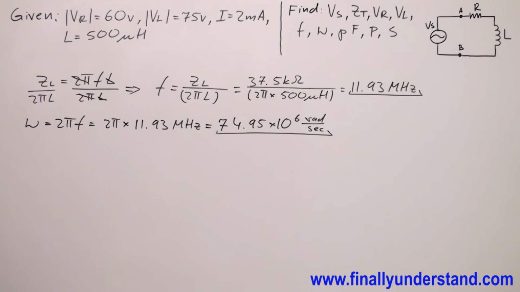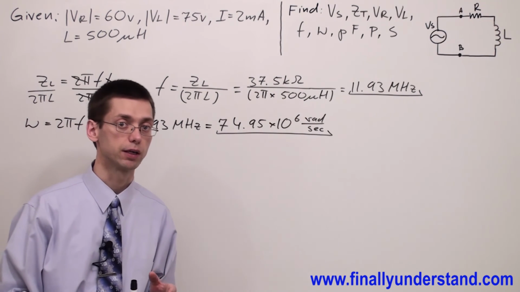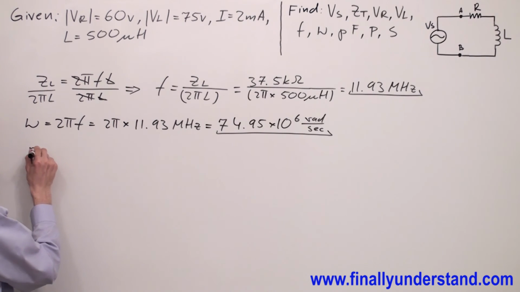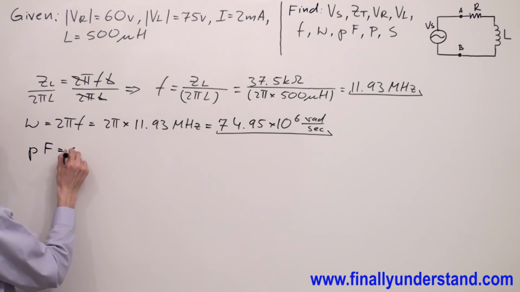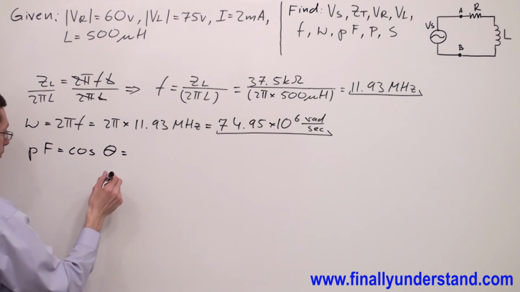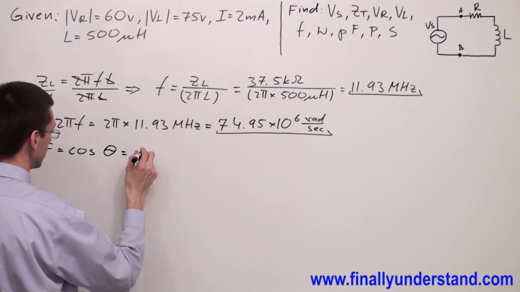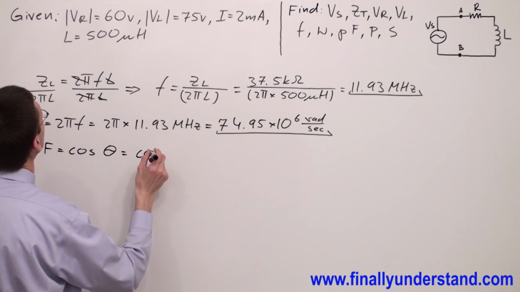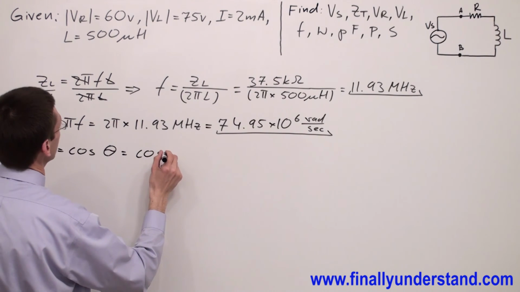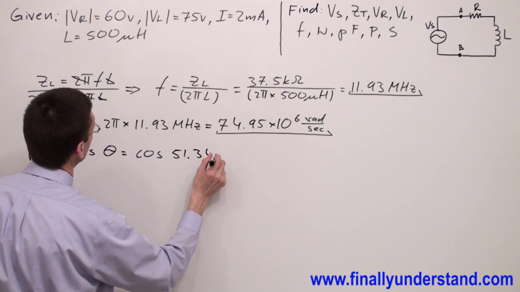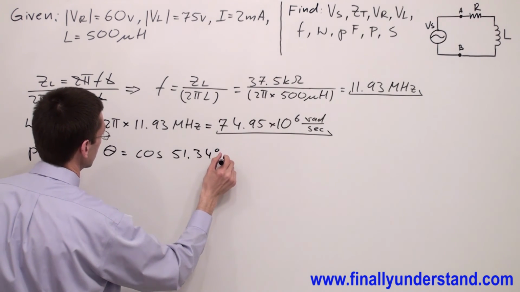Next, I'm supposed to find the power factor. The formula for power factor says power factor is equal to cosine theta. So I have power factor is equal to cosine of the angle which is next to Z total, of course. So I have cosine of angle 51.34 degrees.